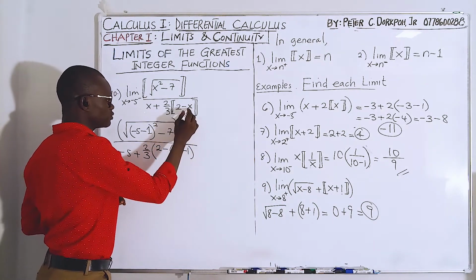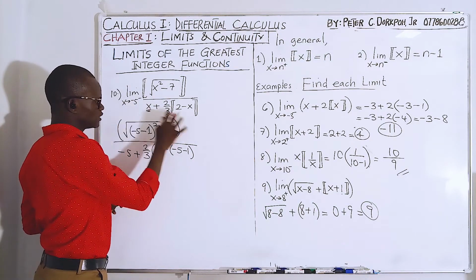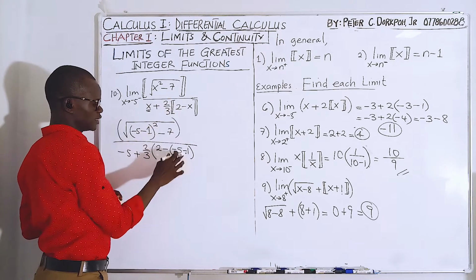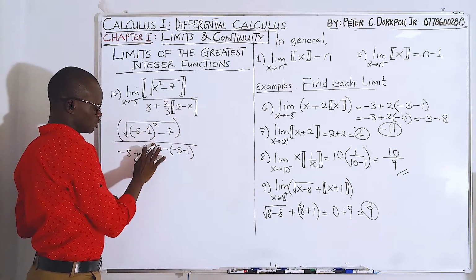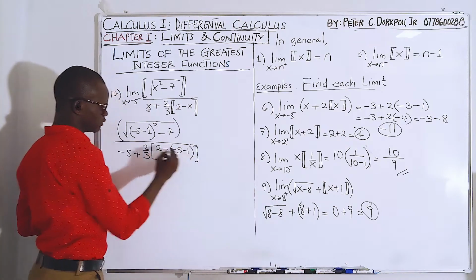The difference between this x and this one is that this has no greatest integer symbol, but this one has a greatest integer symbol. So we must subtract 1 from within the 5 that we're putting right here. We enclose this whole thing with a bracket because we already have a parenthesis within.